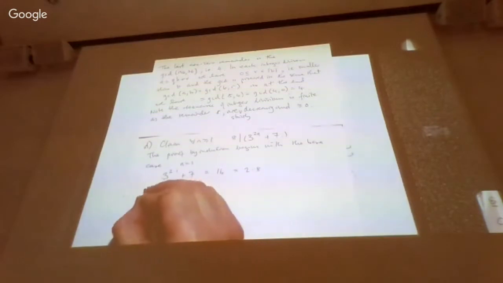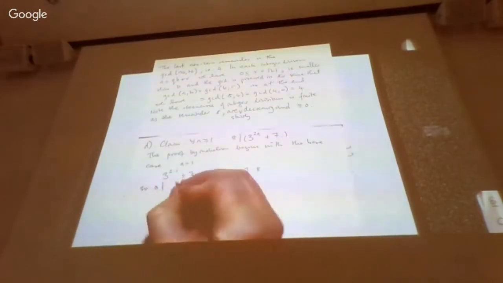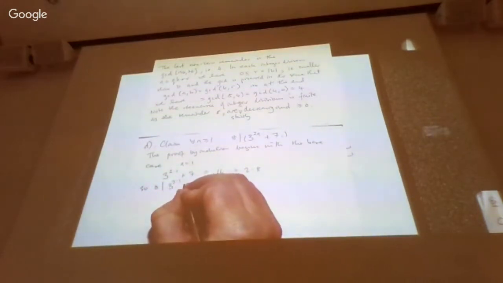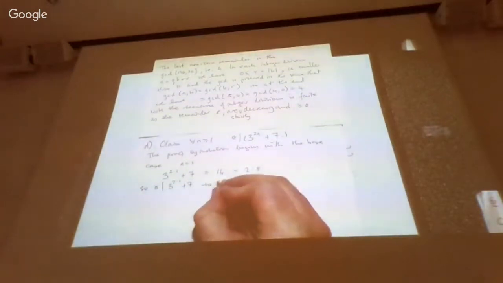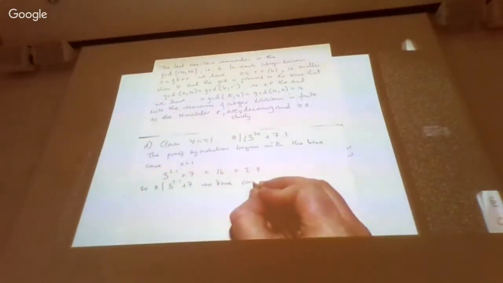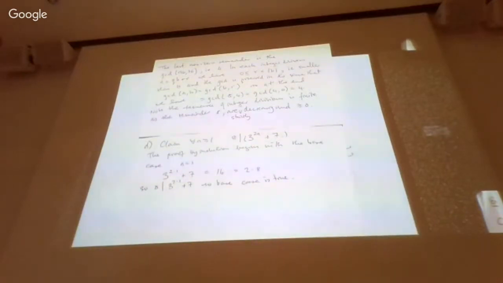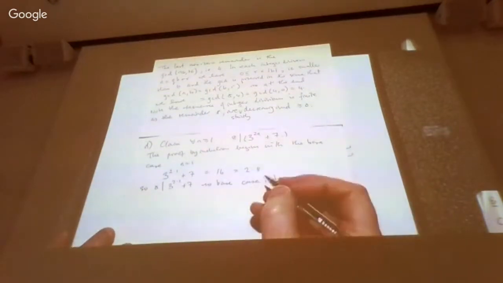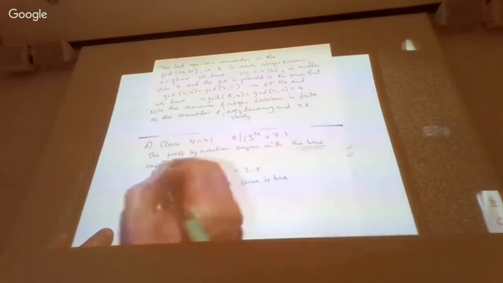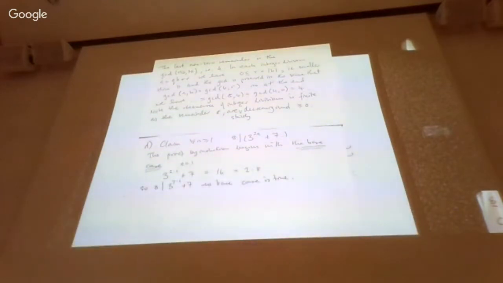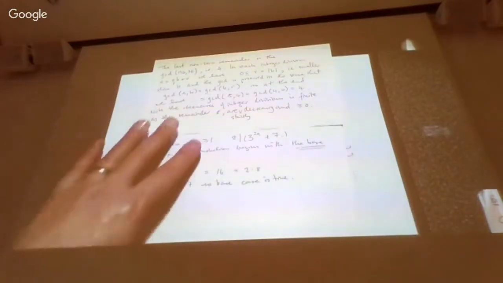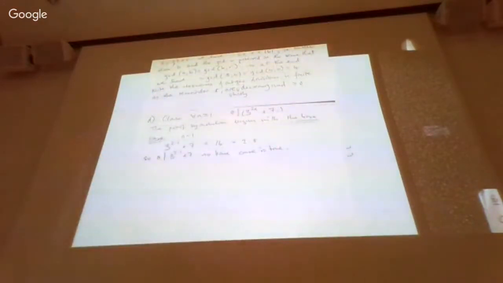So 8 does divide 3 to the 2 times 1 plus 7. So the base case is true. Remember, proofs by induction always begin with the base case, which normally is just a straightforward observation or checking.